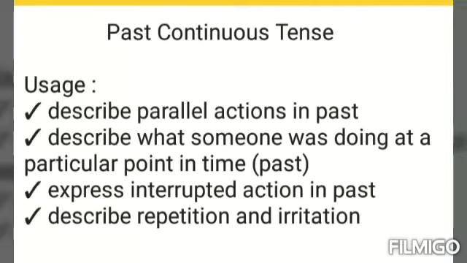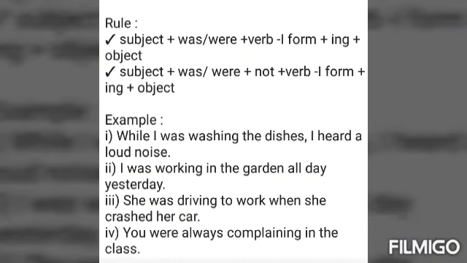These are the uses of your past continuous tense. The next will be the rules for past continuous tense. Here, subject plus was/were plus verb first form plus ing plus object. That will be your rule for simple sentence. Subject plus was/were plus not plus verb first form plus ing plus object. That will be the rule for negative sentence.